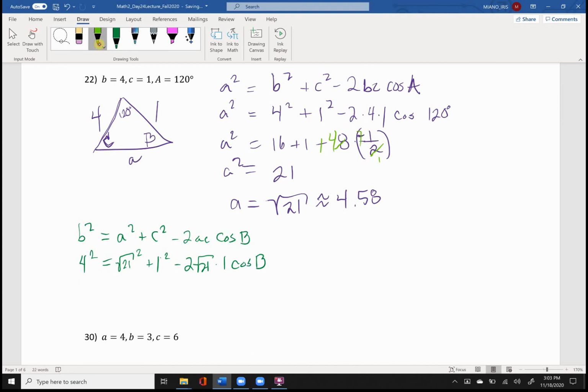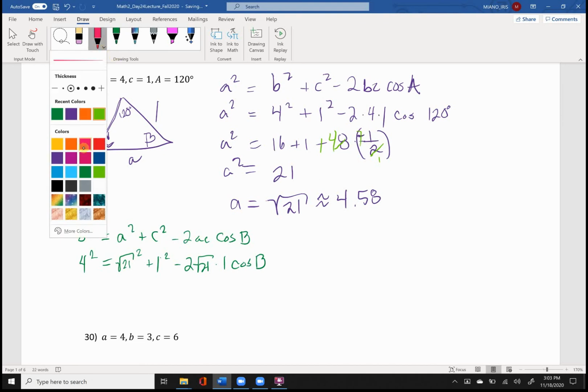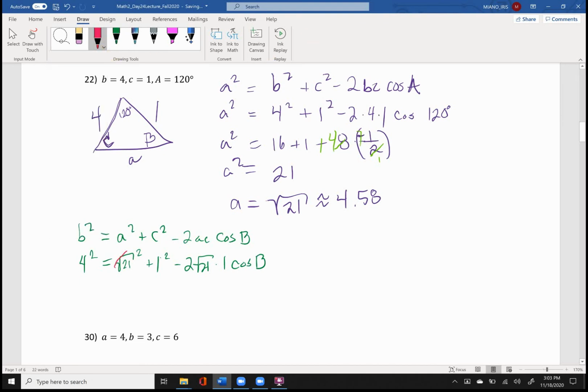So this is fun, how this will cancel out, and you'll get 16, let's be consistent here. 16 equals 21 plus 1 minus 2 times root 21 cosine B. So it's 22.